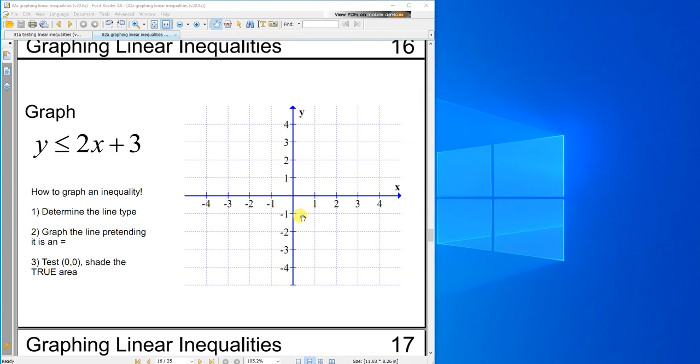All right, so let's do some of these. Let's do this one right here. Okay, step 1, solid or dashed? It's solid, got it. Now I'm going to graph it as if it were an equation. So I'm going to start at 3, and I'm going to go up 1 over 1. And I'll draw a line, and we already said it was solid.